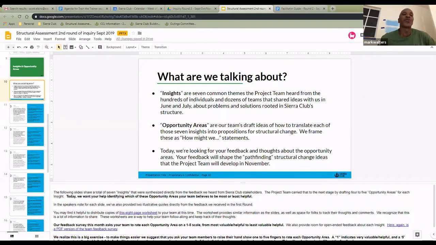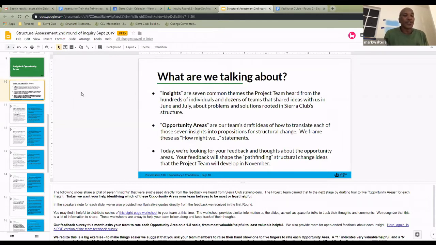We want to be sure that these are the right questions that we should be asking. So we're asking you to let us know how you think these specific questions, we call them how might we's, specifically address and resonate with you and your team and your area of the club. We want you to rank each of them, whether they resonate highly or not at all. And that's the primary goal of this, to get some feedback on that aspect.